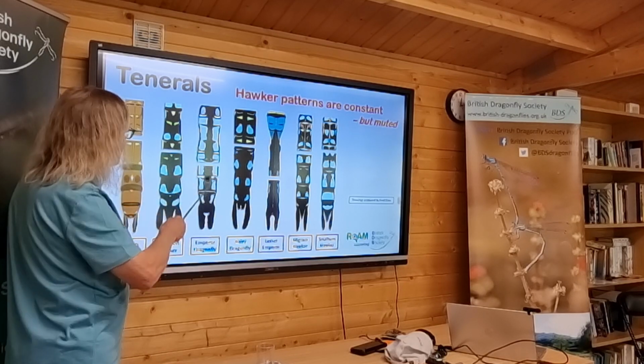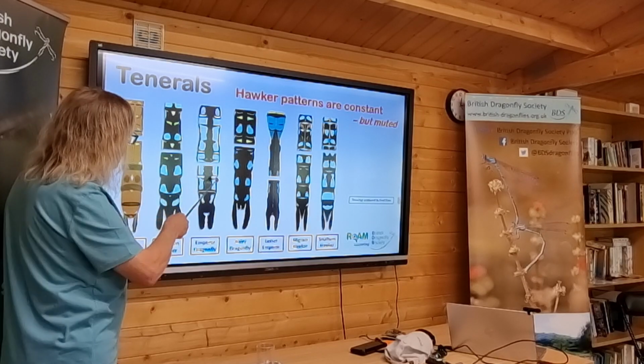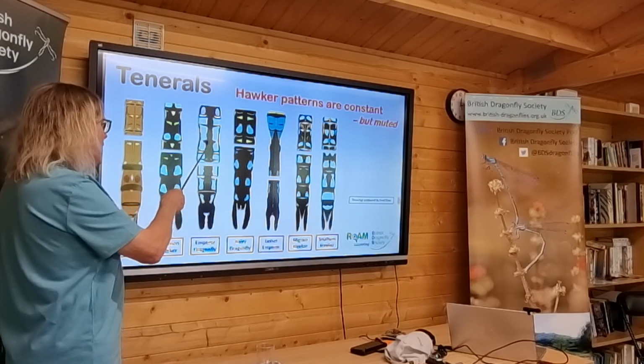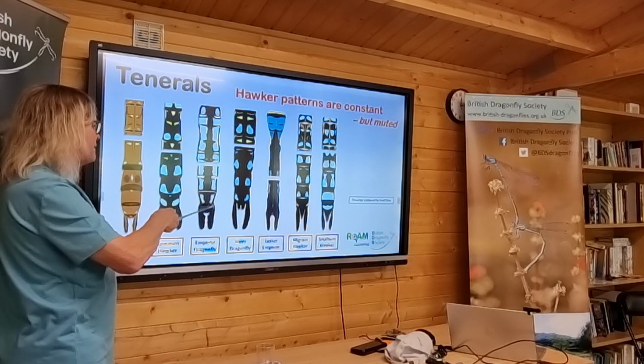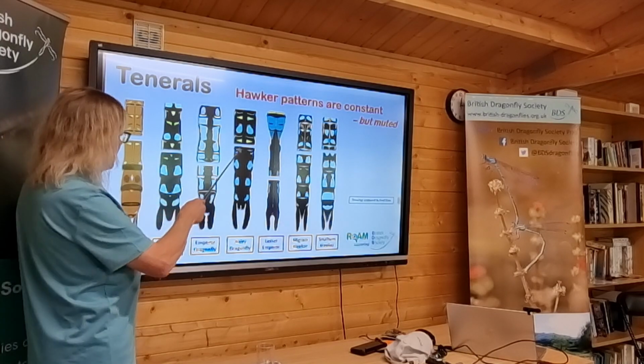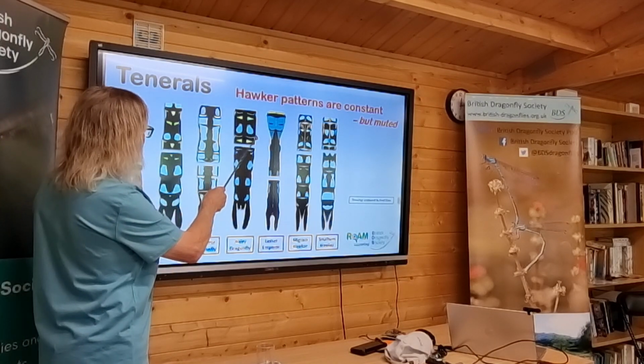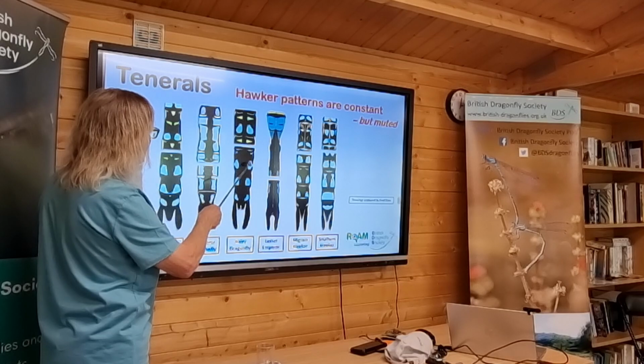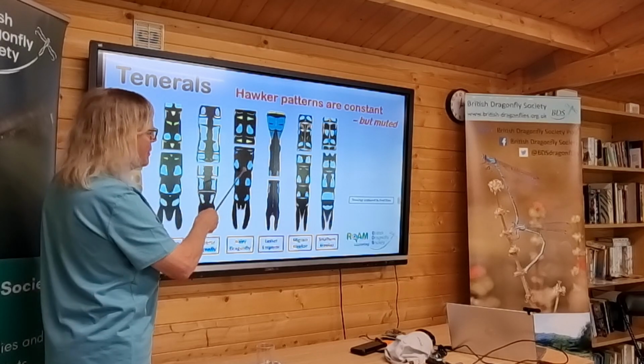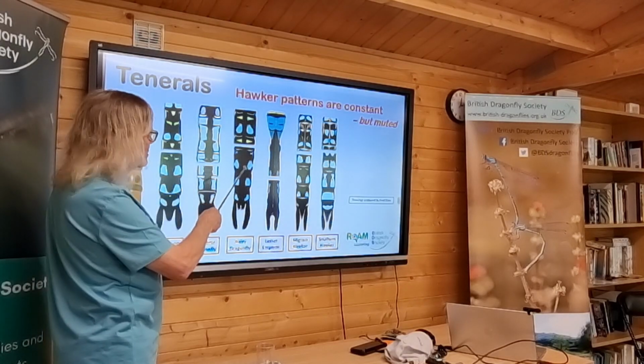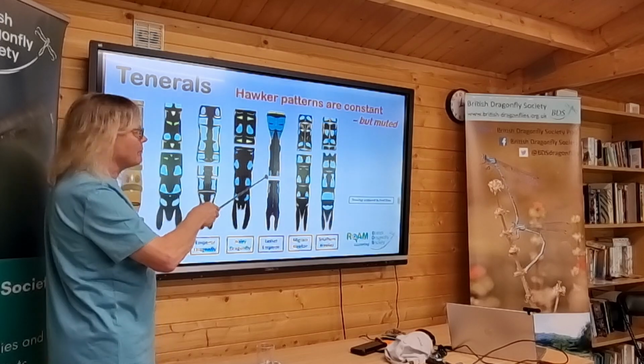So the emperor's like this with the blue each side. If you see one like that with the green each side, then that's the female of the emperor. The hairy dragonfly has these more pear-shaped markings on it, blue or yellowy green, depending on whether it's male or female, but they're exactly the same.